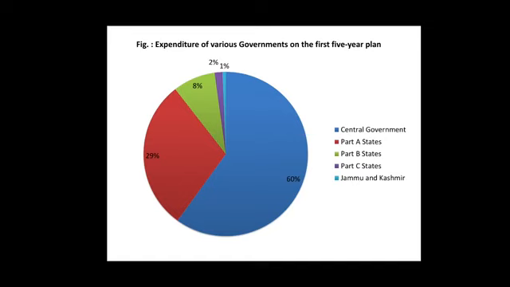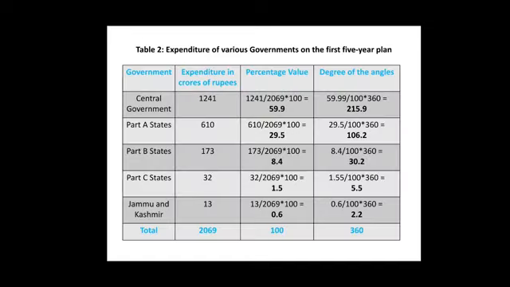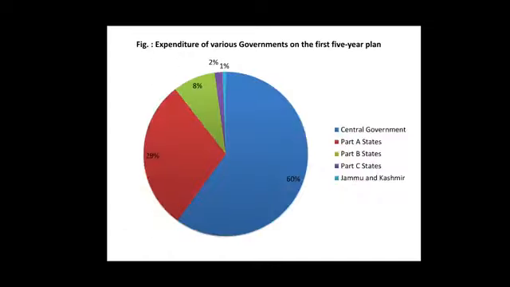From this line, an angle of 215.9 degrees would be marked, and a line would be drawn from the center up to the circumference of the circle, and the line should pass through this point. The sector so formed would represent the expenditure of the central government, which is approximately 60% of total expenditure.